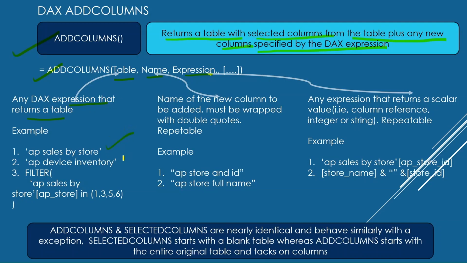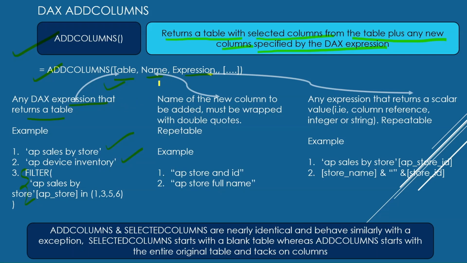AP device inventory is also a physical table, but this filter expression creates a table. With the help of that expression, a table will be generated. So this kind of value we can put as the table parameter.